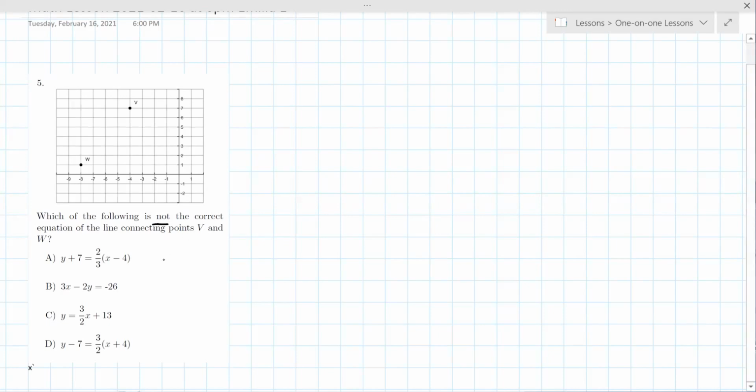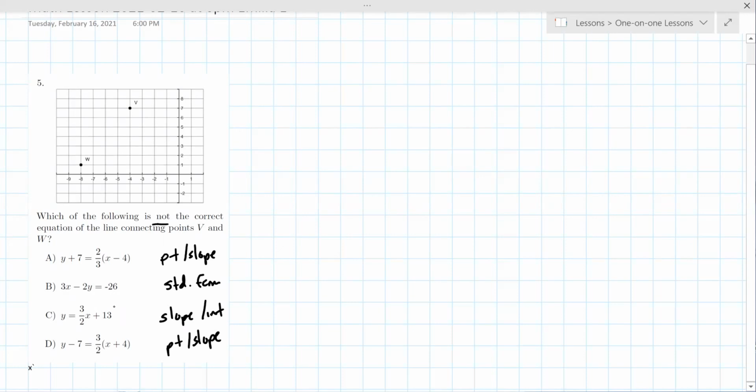So I'll first point out that A is in point slope form, B is in standard form, C is in slope intercept, and D is in point slope form. Now, it doesn't necessarily mean that it comes down to A and D, because we don't want to make those kinds of judgments.